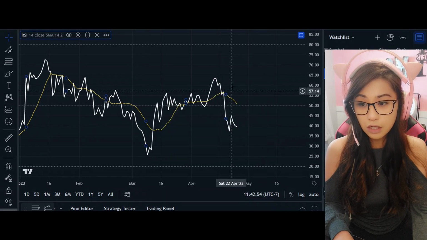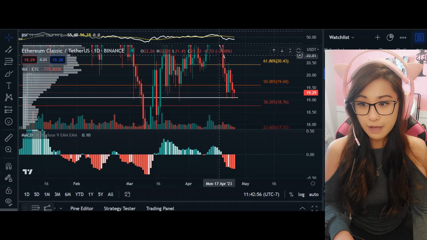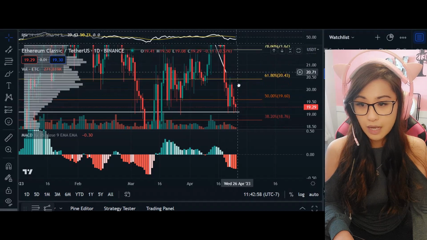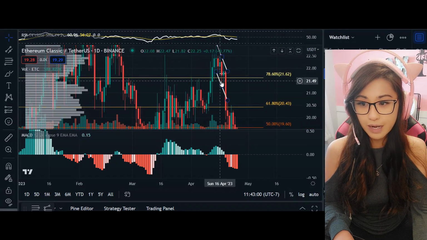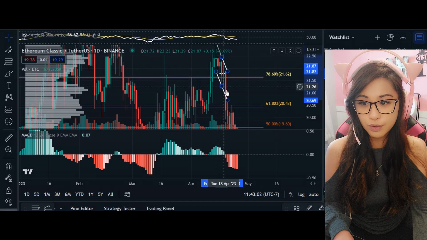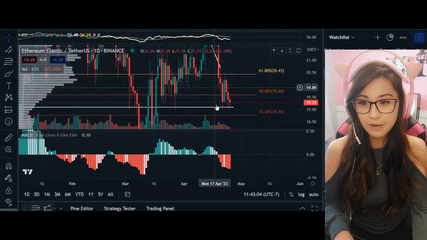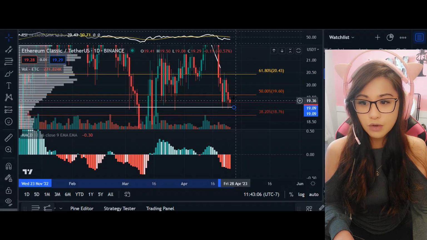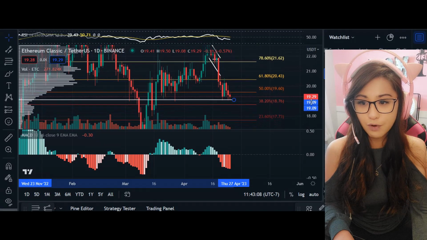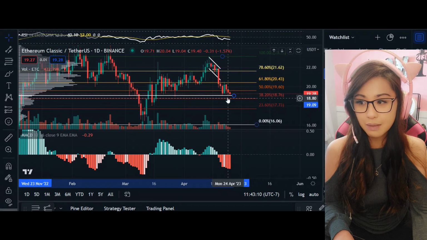When the RSI crossed below 50%, that's essentially when the price on our daily time frame broke through our trend line as we are coming down and continuously coming down. So this is essentially what we're looking at for today and going into the next couple of days.